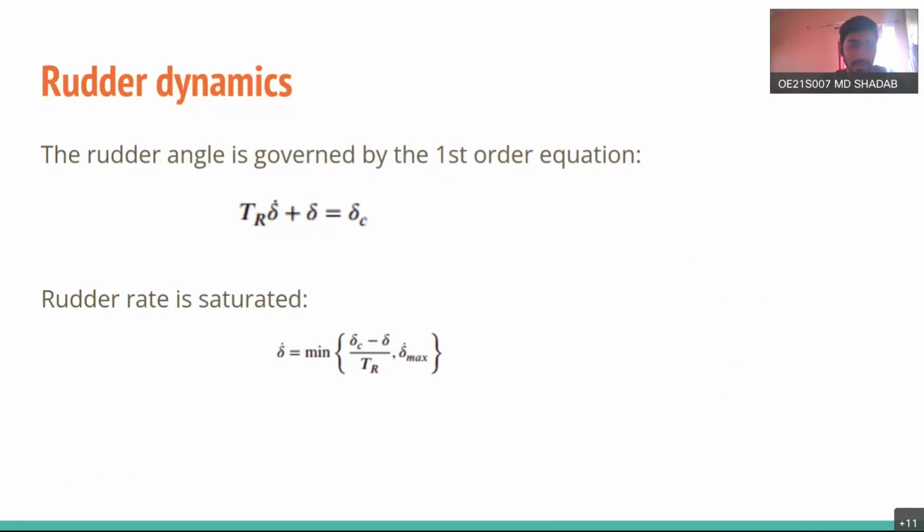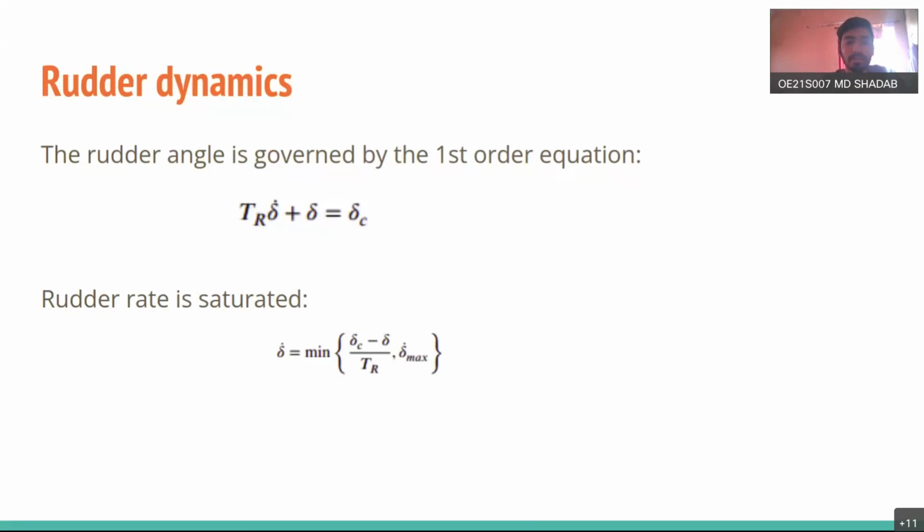Here we have given a saturated rudder rate also, that is the minimum of commanded rudder angle minus actual rudder angle divided by rudder time constant, in which we have taken a rudder time constant of 0.1 in our case, while the rudder rate maximum value is taken as 5 degrees per second for a full scale model.